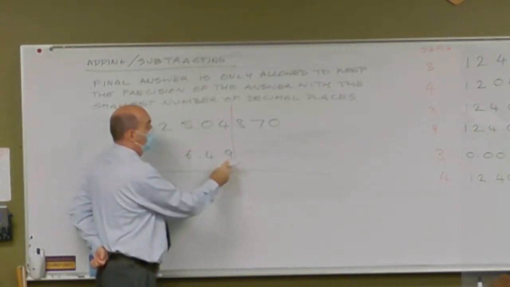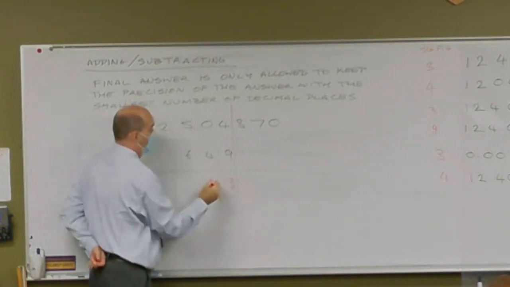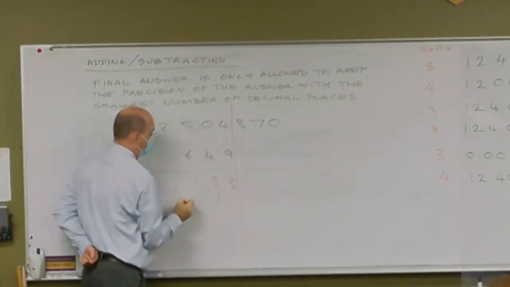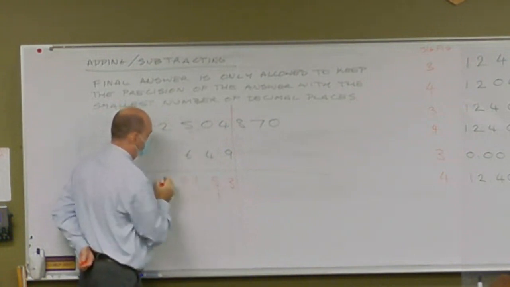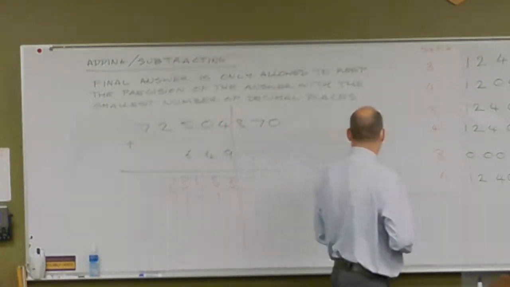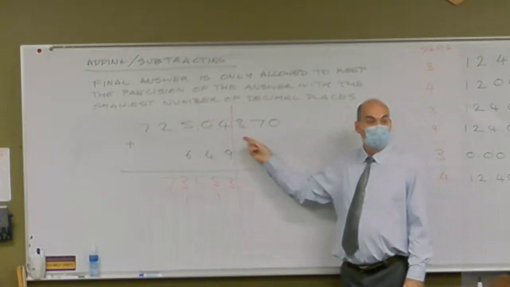So 9 and 4 is 13, carry the 1, makes that a 5. 6 and 5 is 11, carry the 1. There you go. 731.53. All of this work is lost.